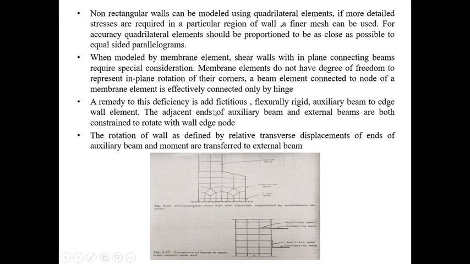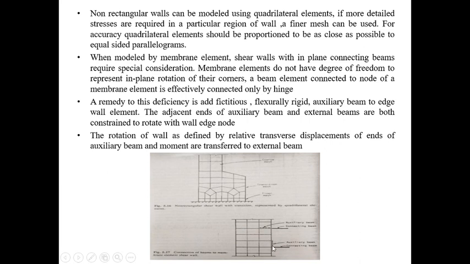The remedy for this is to provide an auxiliary beam. Here you can see an auxiliary beam will be provided at the edge of the wall element. A remedy for this is adding a fictitious flexurally rigid auxiliary beam to the edge of the wall element.